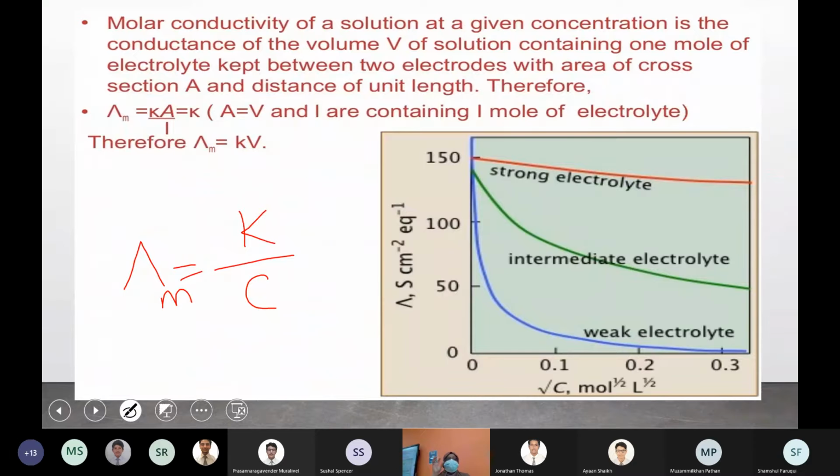That means here you have to take 1 mole of an electrolyte. In the conductivity definition, we were taking the volume as constant. Here you have to take 1 mole of any electrolyte. If you are taking sodium hydroxide, it should be 1 mole of sodium hydroxide. The number of moles is fixed as 1 mole, because the concentration term will be in molarity.